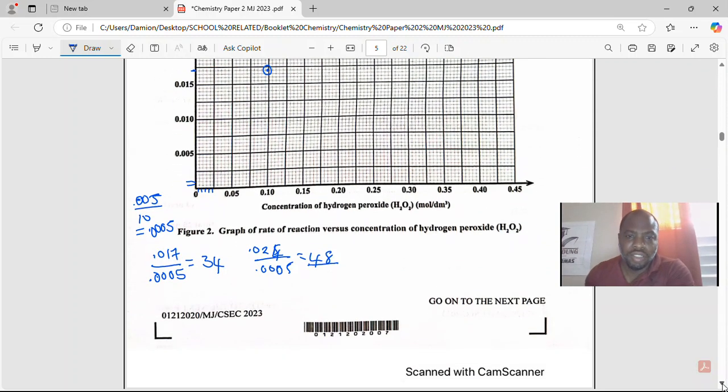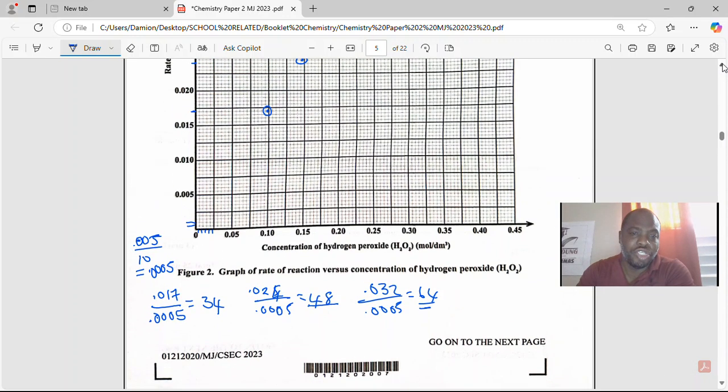We divide that by 0.0005, and we're going to get a number. I got 64. So that number tells me how much I need to count on my y-axis to get to the point of 0.032.